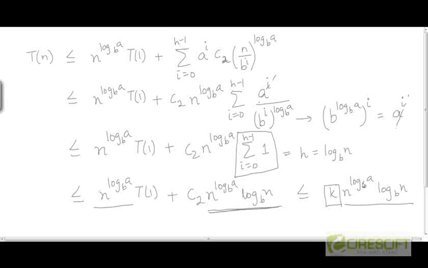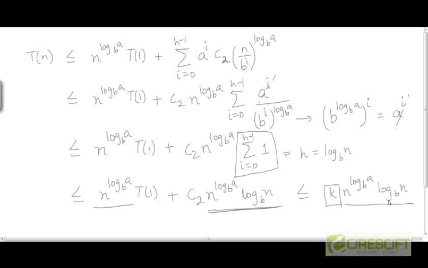And we'll need to argue that n to the power log of a base b times log of n base b is greater than or equal to T of 1 times n to the power log of a base b. So n to the power log of a base b will cancel out on both sides. And we will need to argue that log of n base b is greater than or equal to T of 1. Now that's obviously true for large enough n.